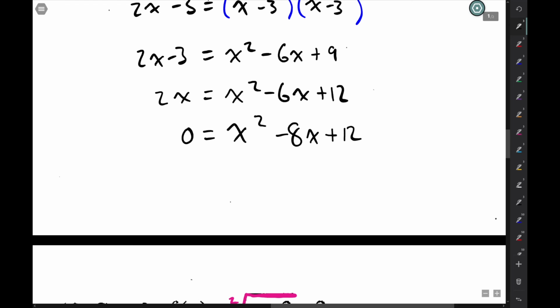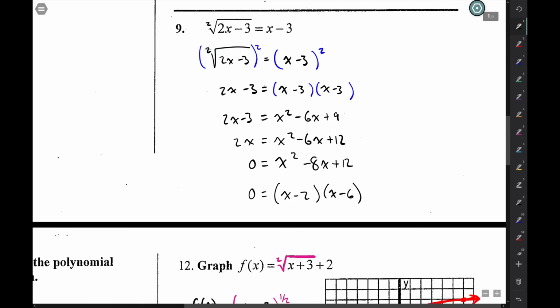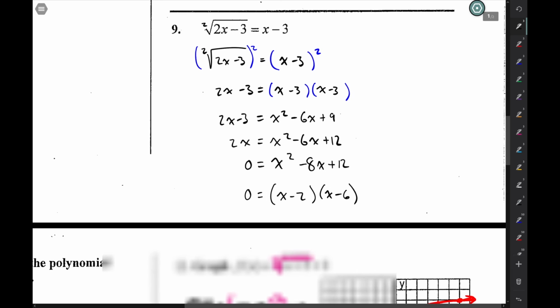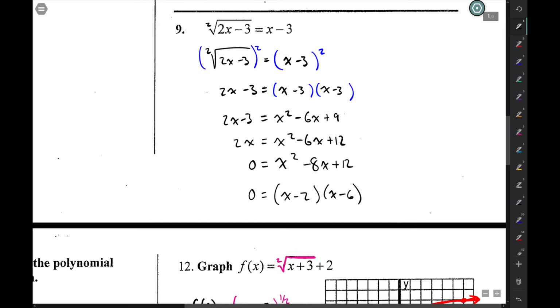Alright, now we can go ahead and factor. Let's see, 2 and 6 seem to be good, but they both have to be negative because we're looking for a positive product, negative sum. So that is going to give us two potential answers: x is 2, and x is 6.